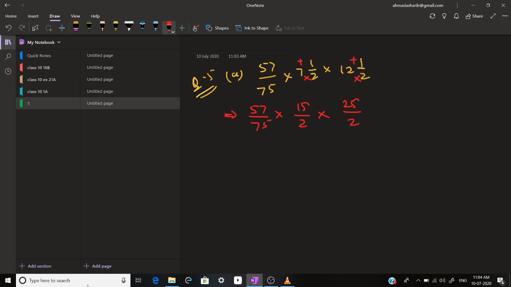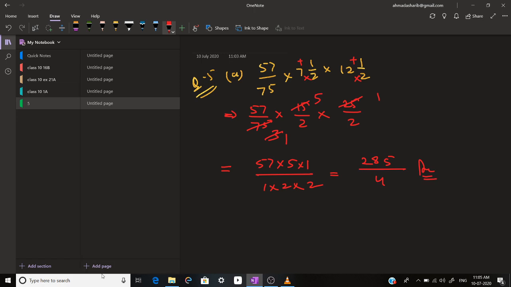Finally students, as you can see here, we can reduce 75 with 25, because 25 ones are 25, 25 threes are 75. Okay. Now again we can reduce 3 ones are 3, 3 fives are 15. Okay. So 57 into 5 into 1 in numerator and 1 into 2 into 2 in denominator. So what is 57 into 5? 285 upon 4. This is your answer.